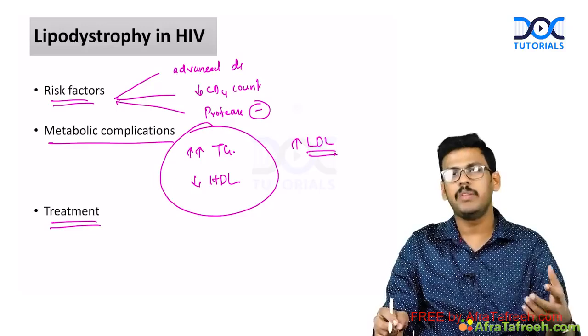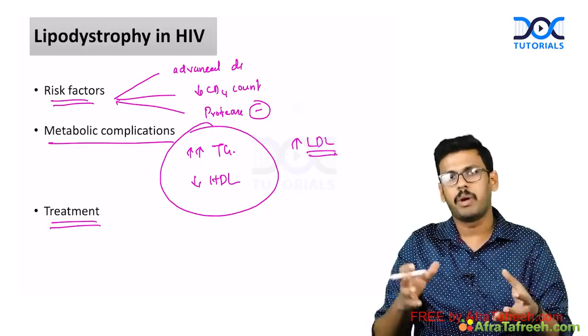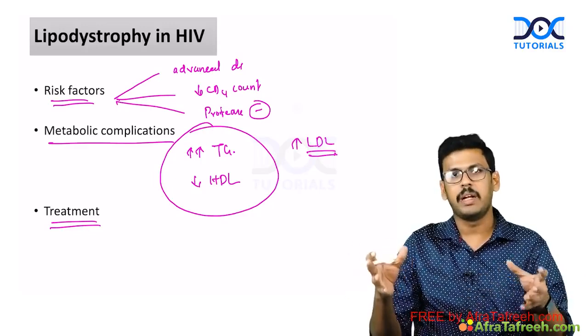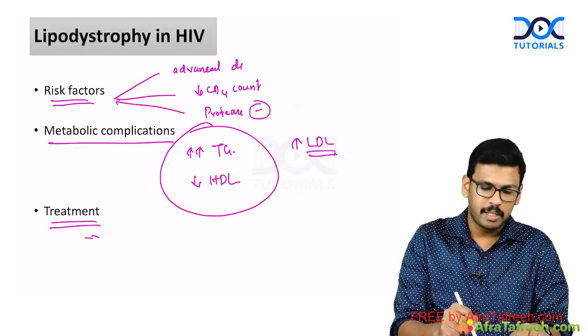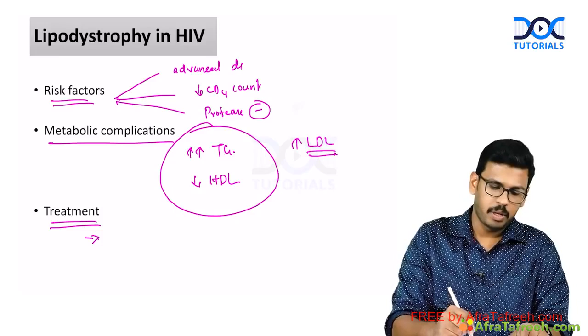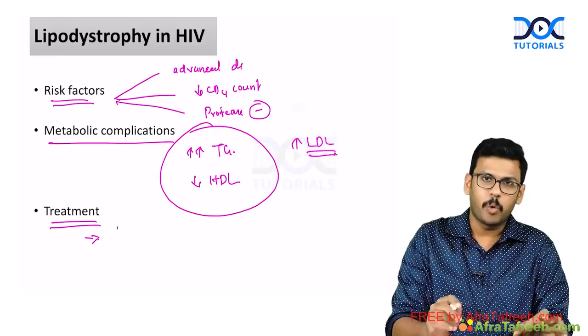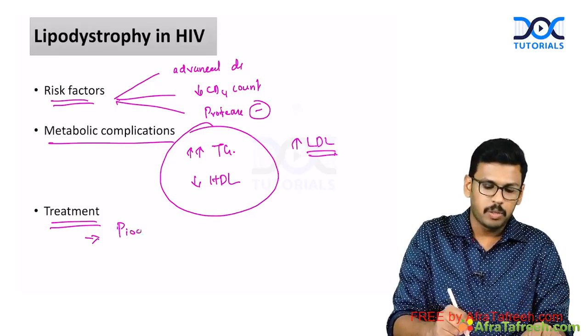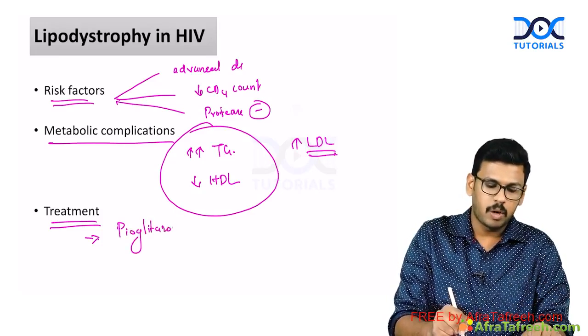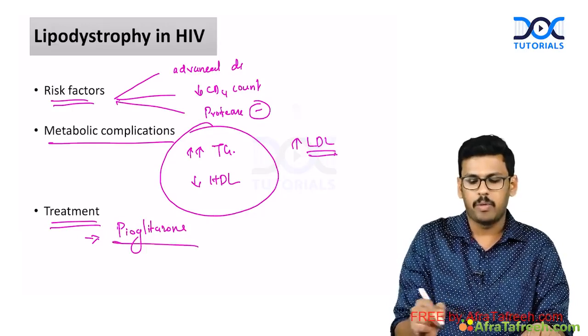There is no specific treatment for dyslipidemia or lipodystrophy in HIV patients, but you can try certain agents. You know that the protease inhibitor inhibits the PPAR gamma. So when you are giving pioglitazone, it can partially cause some improvement. Okay, pioglitazone.